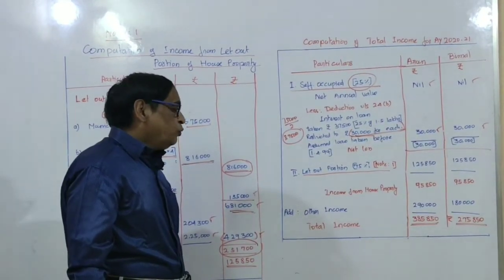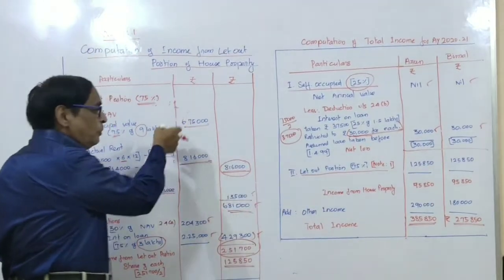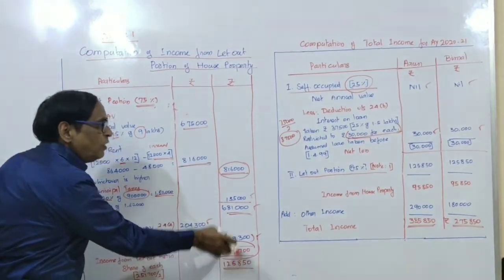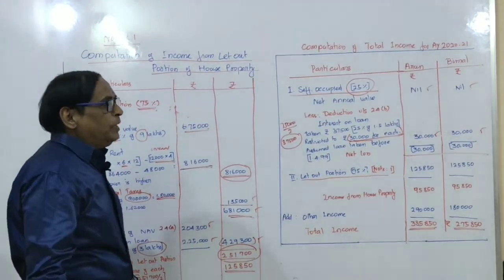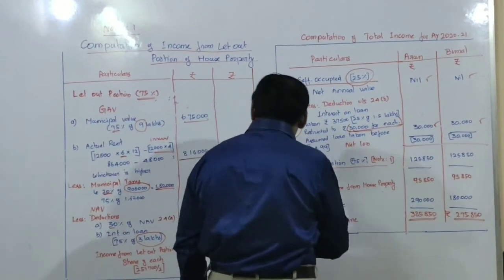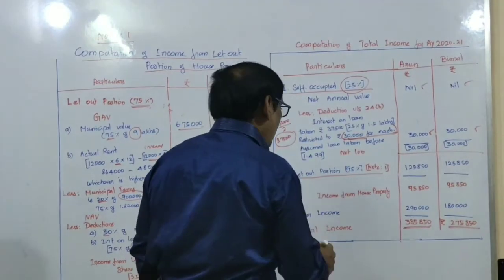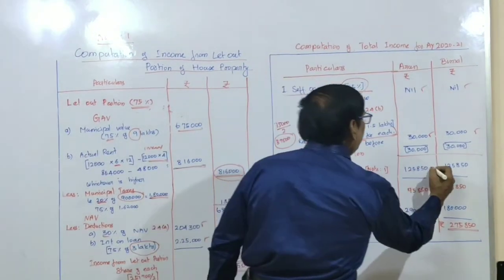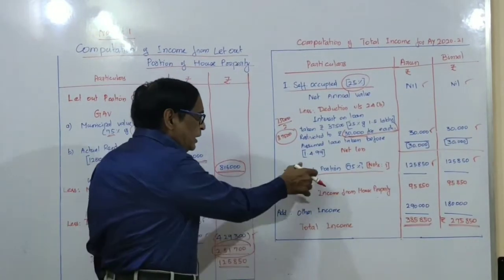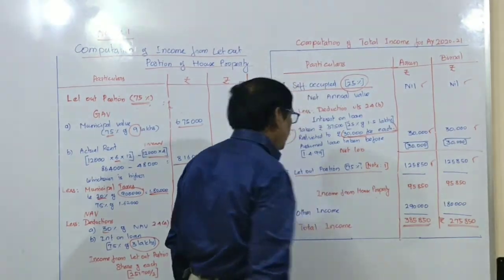And then the let out portion. What is the income from house property? According to the note that we have prepared, the income is 1,25,850 for each of Mr. Arun and Bimal respectively. So in the let out portion the income is 1,25,850, 1,25,850.